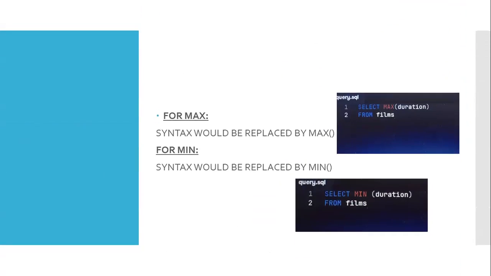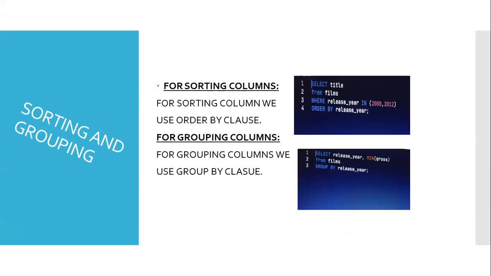If I want the maximum value of any column from a specific table, then I will write MAX followed by the column name. If I want the minimum value of any column from a specific table, then simply MIN will be followed by the column name.